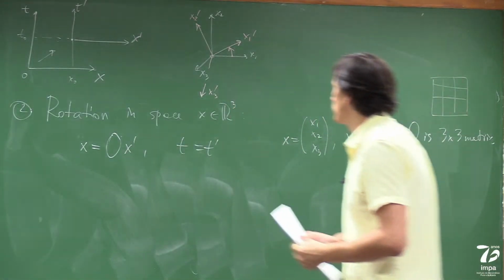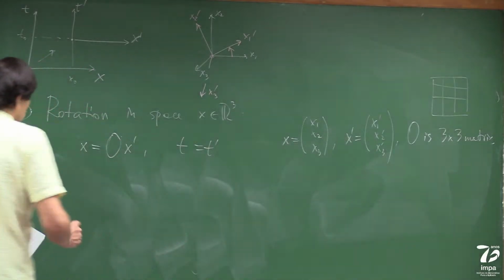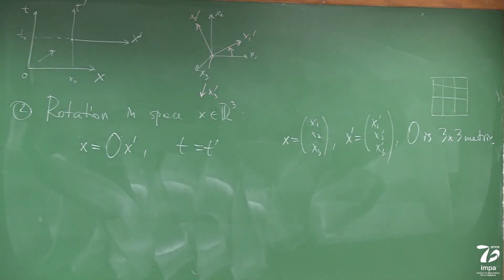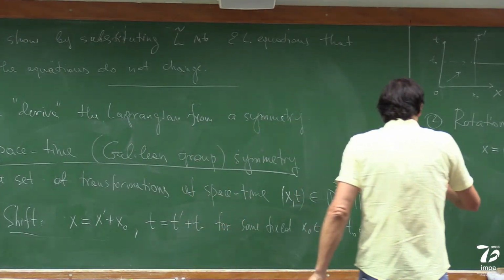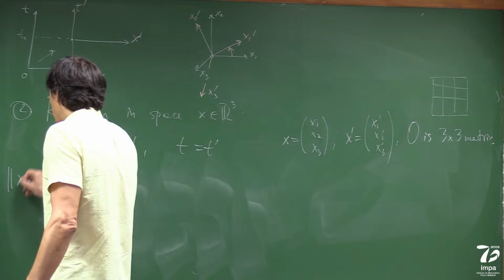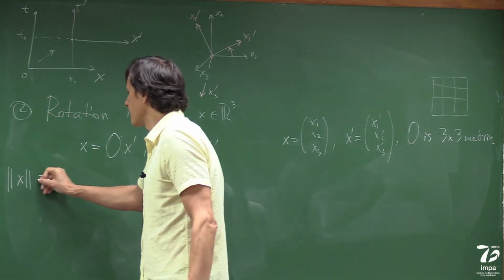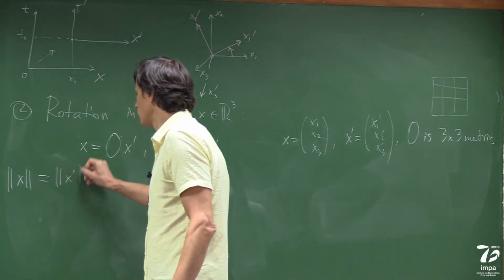So in order to understand the meaning of rotation: the property of rotation is that it does not change the size of the vector. So the norm of the vector does not change. It means that the norm of x should be the same as the norm of x prime.